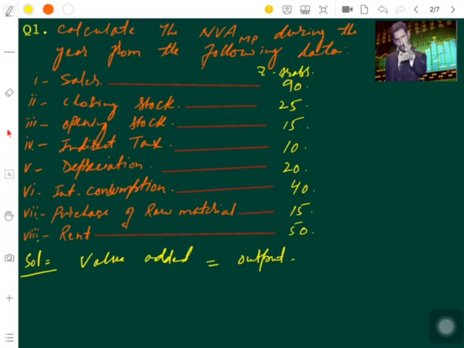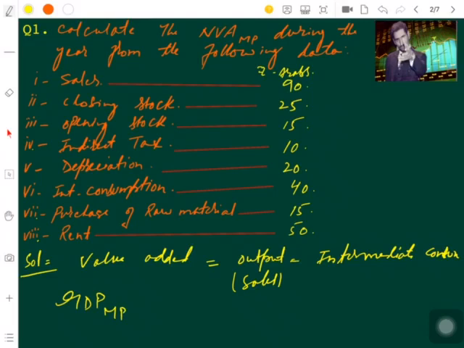Value added is equal to output minus intermediate consumption. Output or sales. Fine. So from that we can reach gross domestic product at market price.